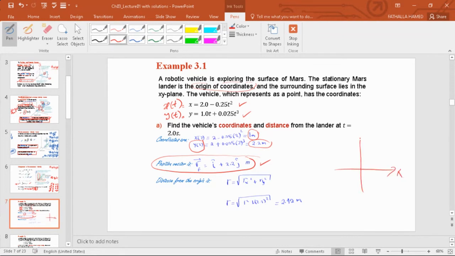So if this is your x and this is your y, you're basically having 1 and 2.2. So this is the distance here, which will be the square root of the x coordinate squared plus the y coordinate squared, and that's why we have here r is equal to the square root of rx squared plus ry squared.